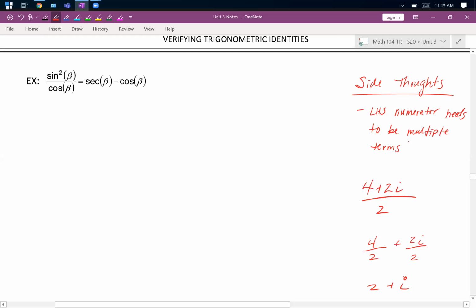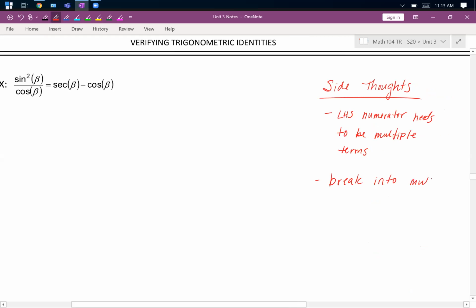Then we're going to have to break it up into 2 separate fractions using cosine as our denominator. And then we're going to have to simplify each fraction. So that's kind of our plan.